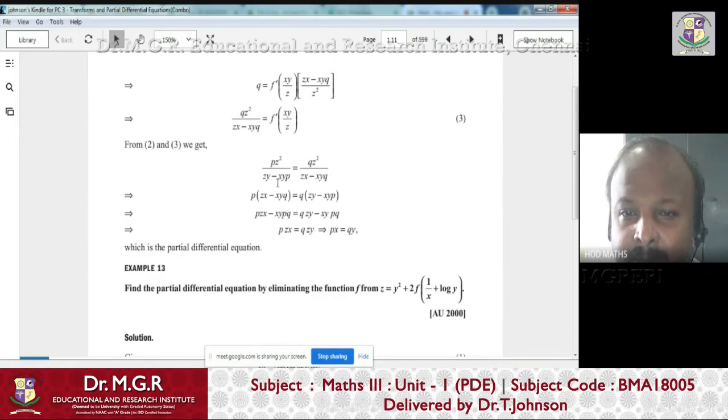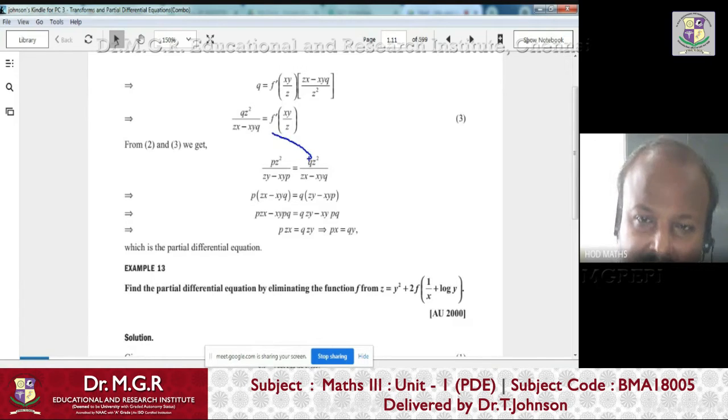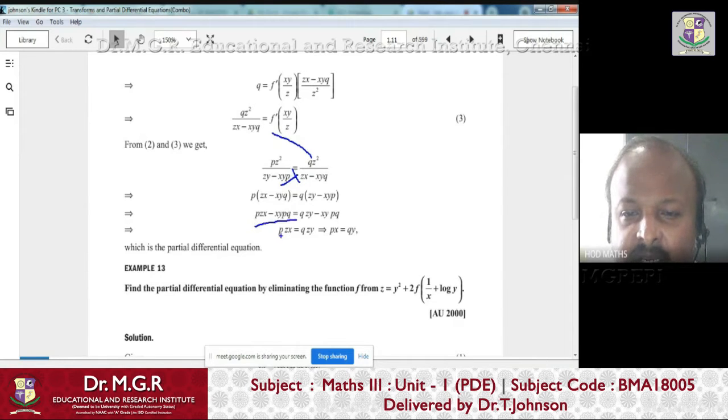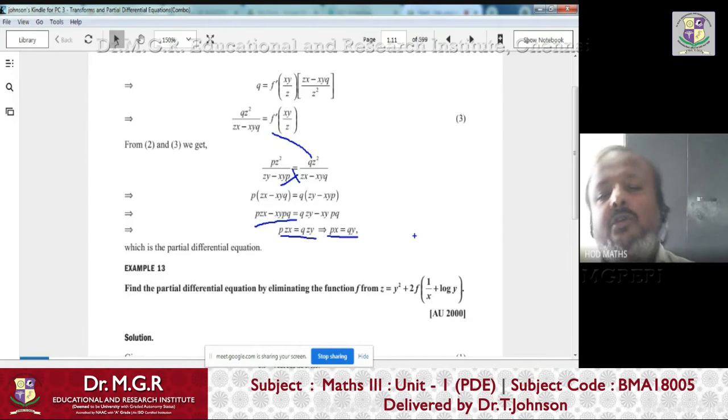So we compare both the left hand sides, and then we get p z square by zx minus xyp is the same as q z square by zx minus xyq. And hereafter we do simple cross multiplication and some simplification, and finally we will get this nice equation px equals qy.